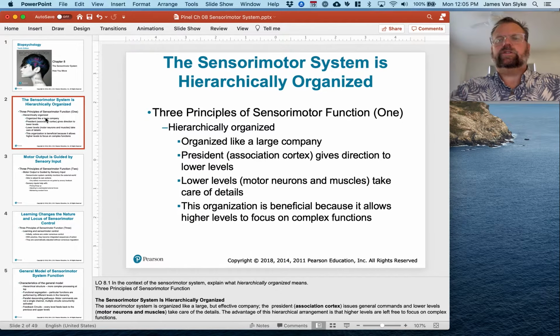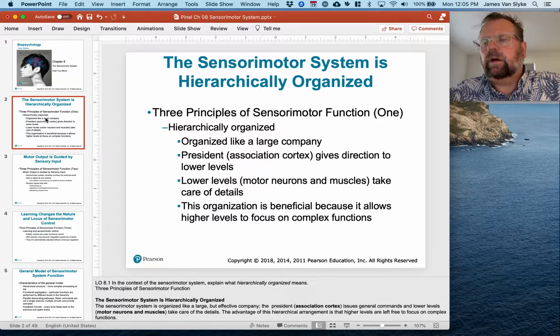So we're going to start off by talking about a few principles of how our sensorimotor systems function. And the first principle is that it's hierarchically organized. So in a sense, it's like a large company, and within our brains, we have different areas which perform different kinds of functions or do different kinds of tasks.